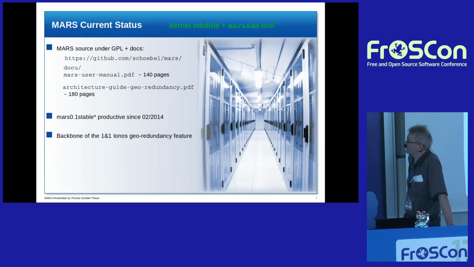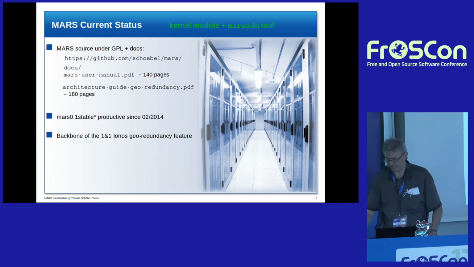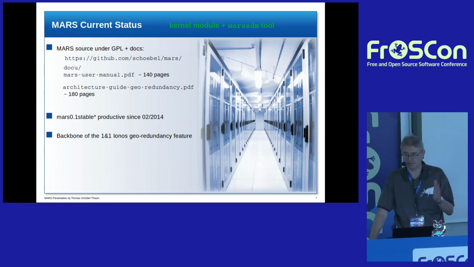Well, and there's another document, the architecture guide, which has more pages and is interesting for architects and probably some managers in order to deal with geo-redundancy, which is not a simple task. It's more complex than assumed in many cases. Here, the MARS kernel module and the MARS RDM tool are very similar to DRBD in concept and in operations.